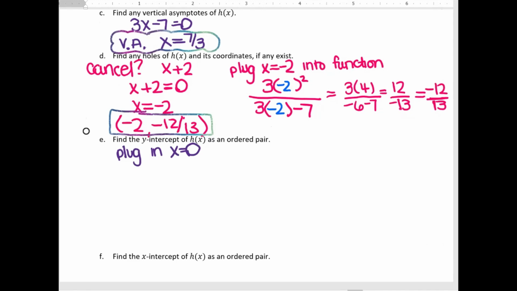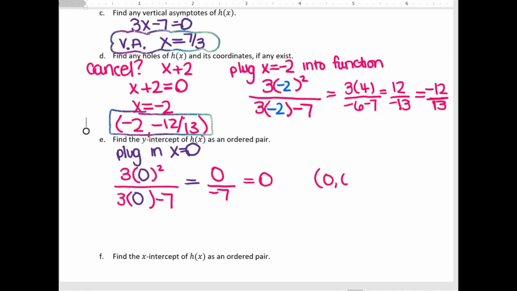We're going to have 3 times 0 squared all over 3 times 0 minus 7, which gets us 0 up top all over -7, which is still 0. So our y-intercept is the ordered pair (0, 0).